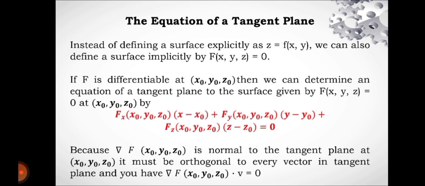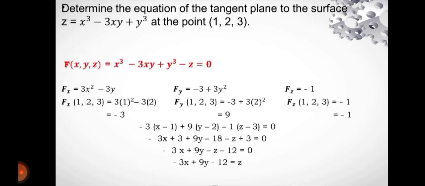It must be orthogonal to every vector v in the tangent plane, and so the gradient of f at (x0, y0, z0) dotted with v is equal to 0.